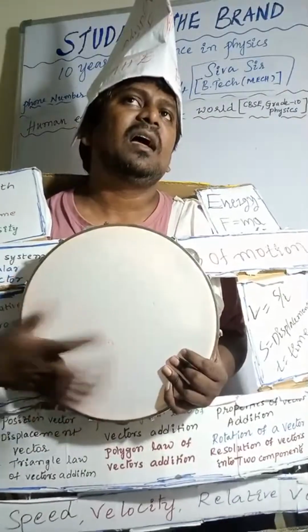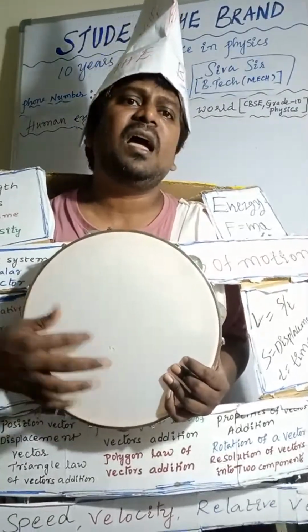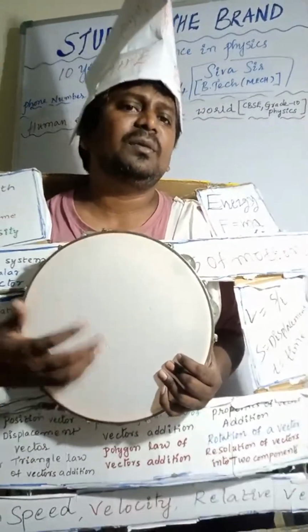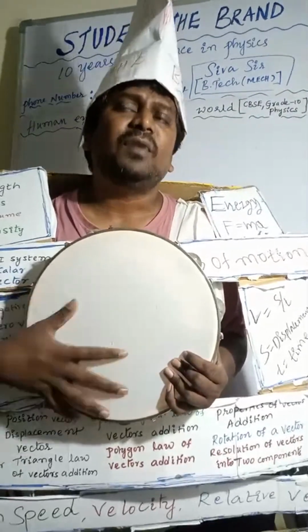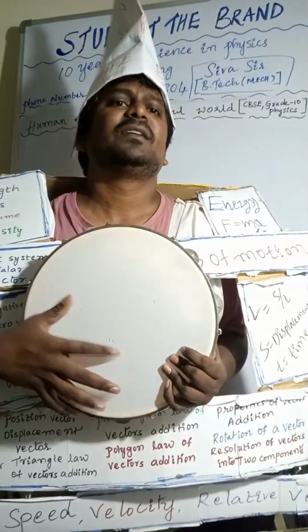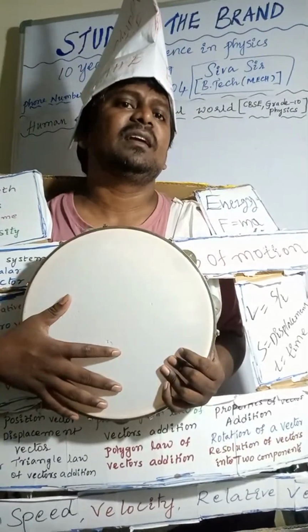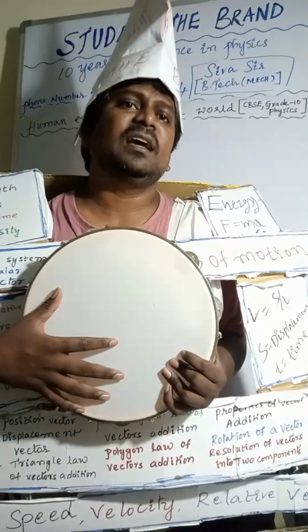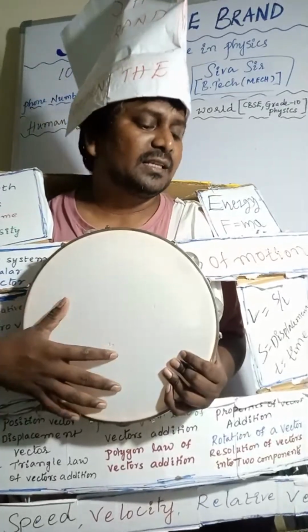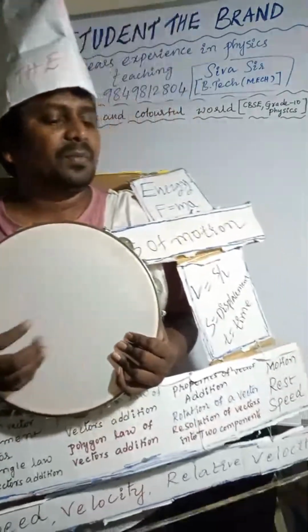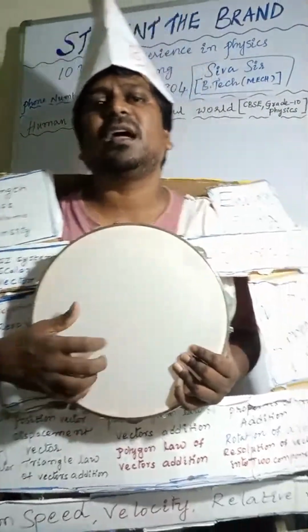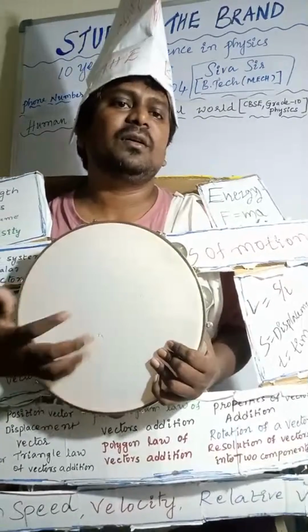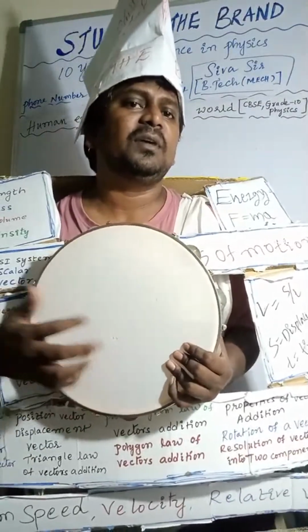Hypermetropia, hypermetropia, hypermetropia, hypermetropia. Far a distance we can see, near distance we can see. Hypermetropia, hypermetropia, hypermetropia, hypermetropia.